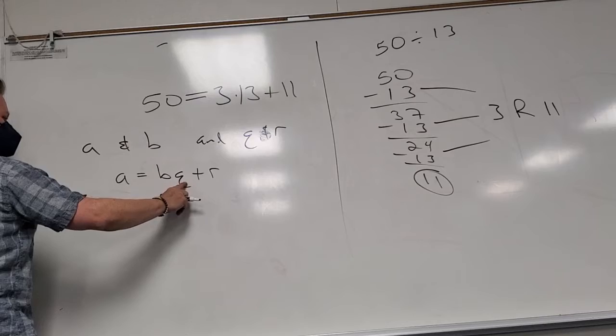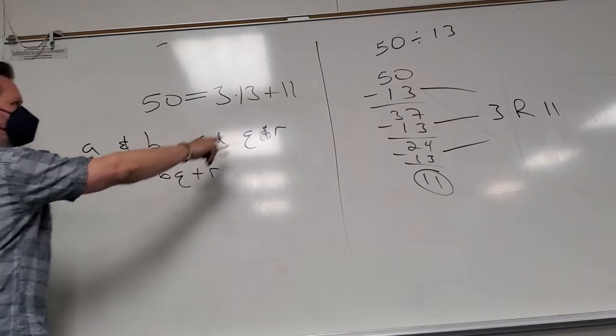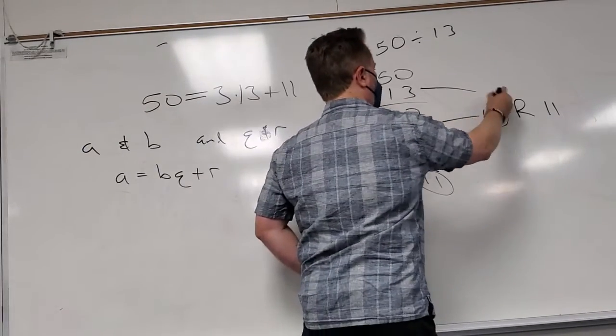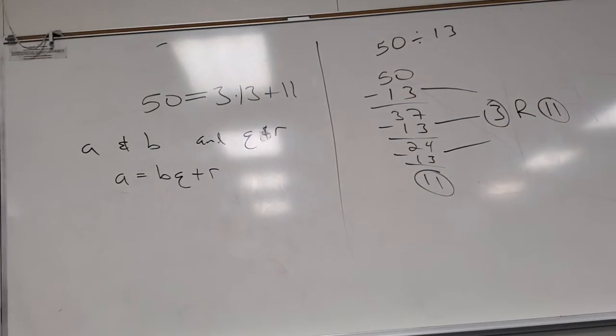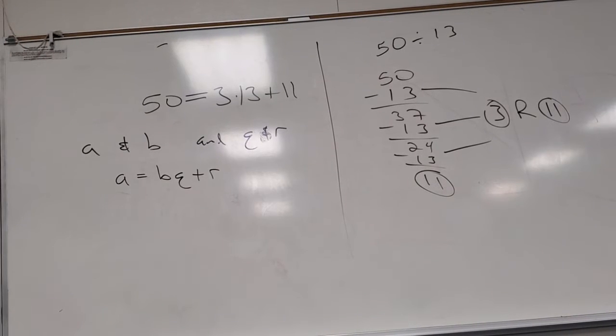We use the letter Q here because this is the quotient. Like the 3 is the quotient, the 11 is the remainder. Quotient is the main word we use for division, like product is the main word we use for multiplication.